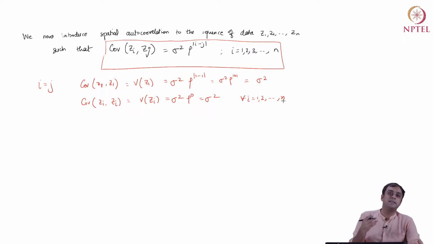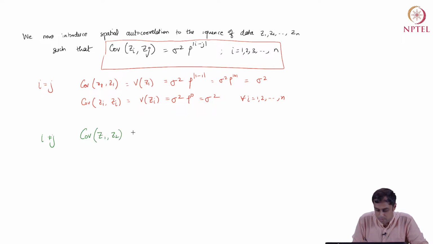So the first thing it tells us is that the variance of the Zi's is exactly the same, which is sigma squared. So I'm still working with an identical variance case. But what happens is that as soon as i is not equal to j, let's say we have the covariance of Z1 and Z2, it's going to be sigma squared rho to the absolute value of 1 minus 2, which is just 1.